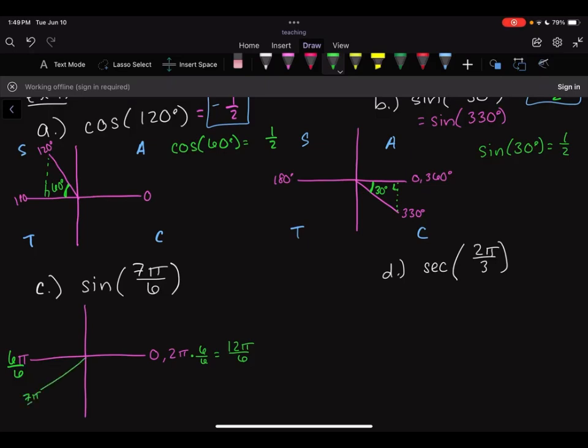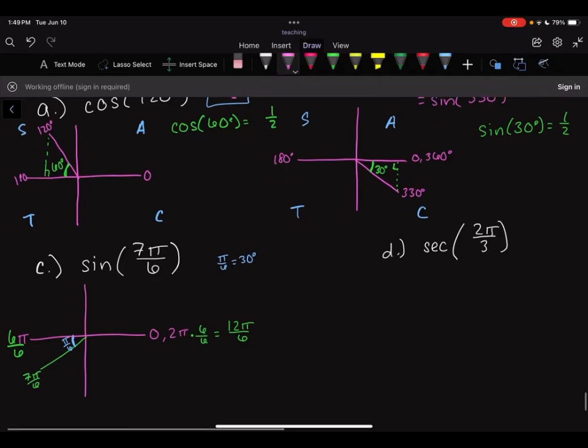And if I think about how far away these are from each other, they have a difference of pi over 6. Remember that pi over 6 is the same as 30 degrees. So instead of thinking about 7 pi over 6, I want to think about what is sine of pi over 6, or sine of 30 degrees.